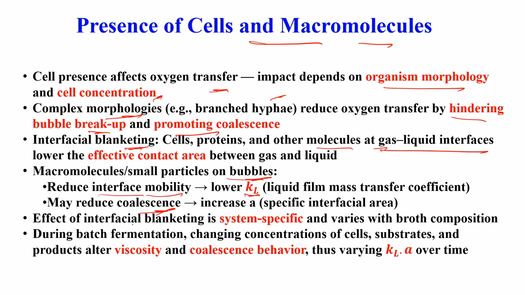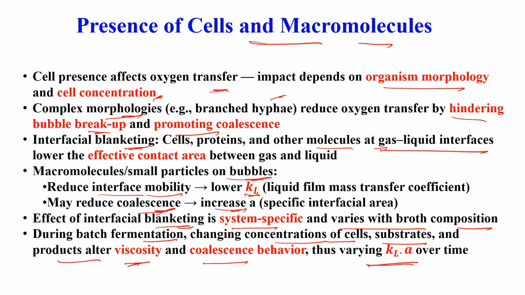Further, they may also reduce the collision. In that case, it can have a small positive impact. The effect of interfacial blanketing is system specific and varies with broth composition, and typically during batch fermentation, changing concentrations of the cell, substrate and product alter the viscosity and collision behavior.